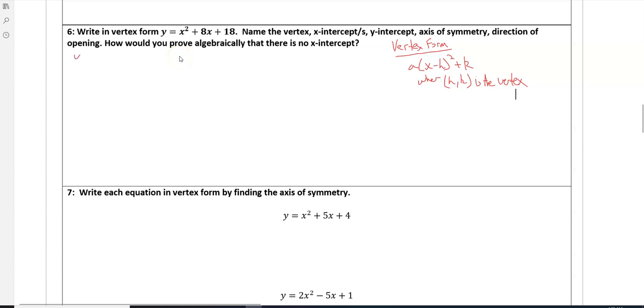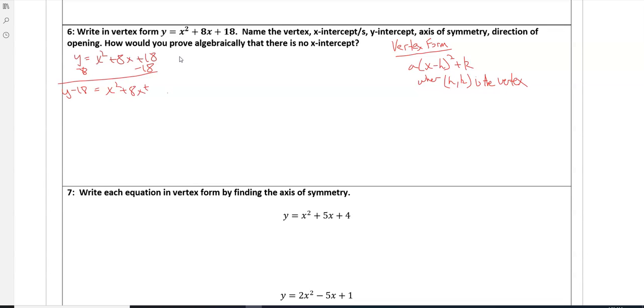So I'm going to do y equals x squared plus 8x plus 18. And I'm going to minus the 18 over, minus 18. So it's y minus 18 equals x squared plus 8x.